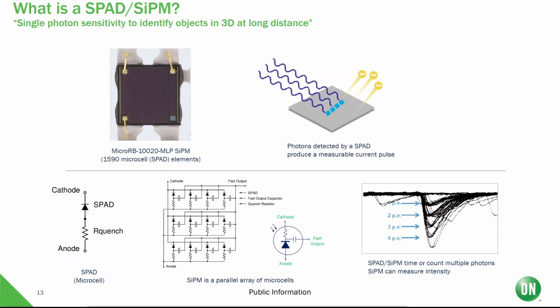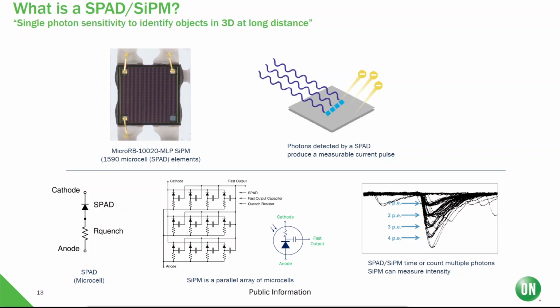Here's a brief primer on SiPM and SPAD operation. The SiPM is formed of an array of closely packed single photon avalanche diode or SPAD sensors. The SiPM operates in Geiger mode, that is above the breakdown voltage, where a detected photon triggers an avalanche of charge carriers in the SPAD.